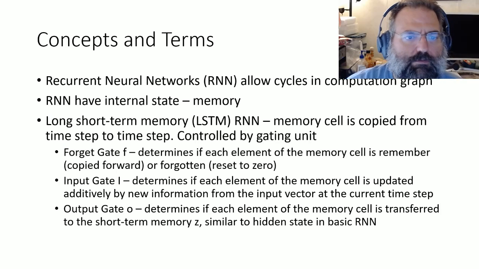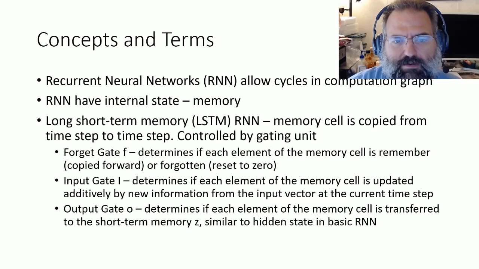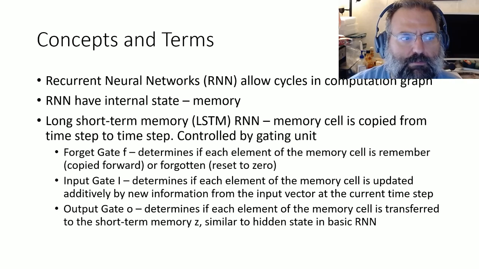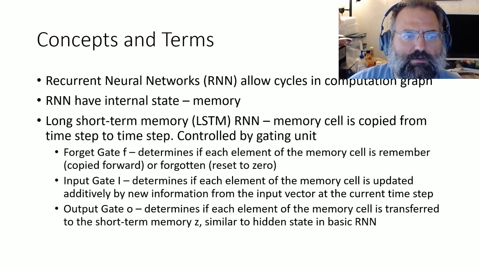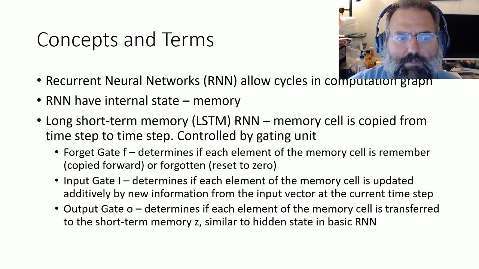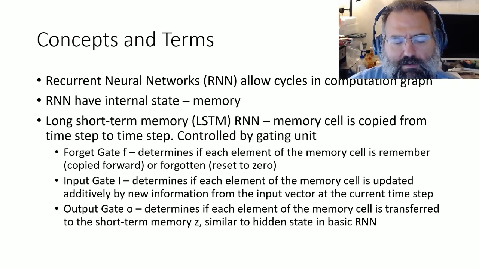Recurrent neural networks, the basic idea here is that in that computational graph that we talked about briefly, you can have essentially cycles. So that's where the recurrent comes from. They also have this concept of a state or a memory, and probably the most confusing acronym of all, short-term memory. So think about what that means for a little bit.